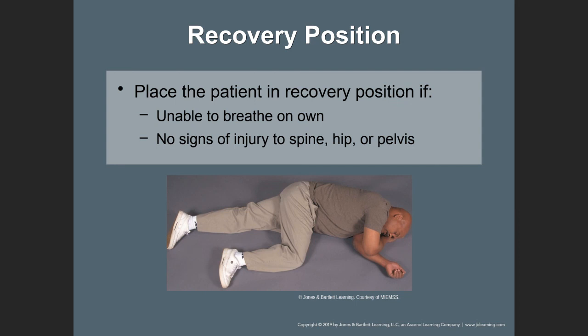Recovery position. Place the patient in recovery position if they can breathe on their own, not if they are unable. So that's an error on the slide. Place the patient in recovery position if they are able to breathe on their own. No signs of injury to spine or hip or pelvis is present.